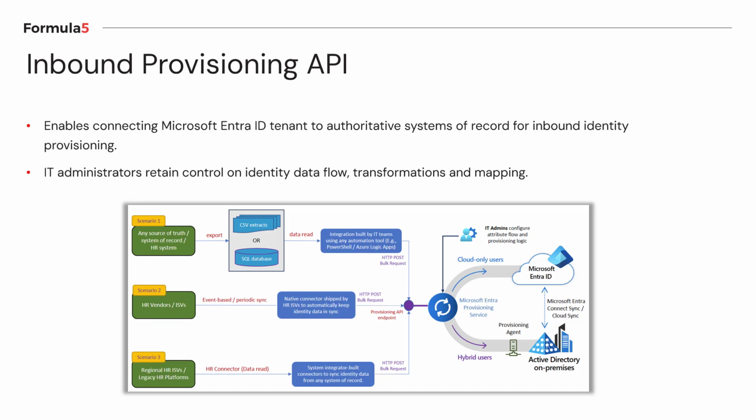And we have the possibility to map specific attributes. That's very important, and this is about the administration here. We can map specific attributes from, let's say, the BambooHR system to attributes that will be used in the user profile in Microsoft Entra ID.